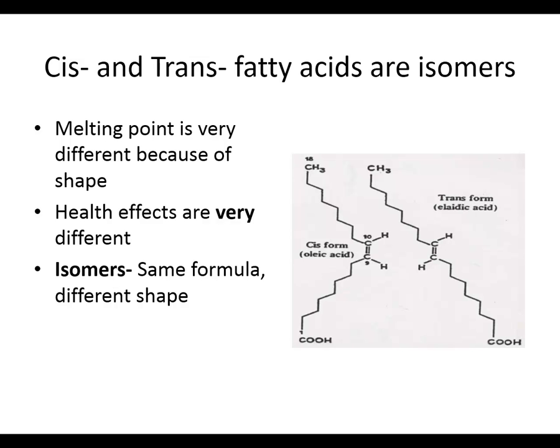So cis versus trans is something that's much more relevant for nutrition than it is for microbiology class, but I'll give it a brief mention. Remember a double bond shows a place where it is unsaturated. In other words, there's room for 2 more hydrogens. But the fact that there's no hydrogens on the left side of this cis fatty acid means that the ones on the right side can take up a little more space.